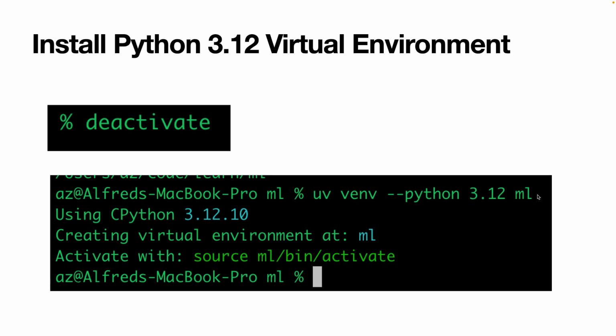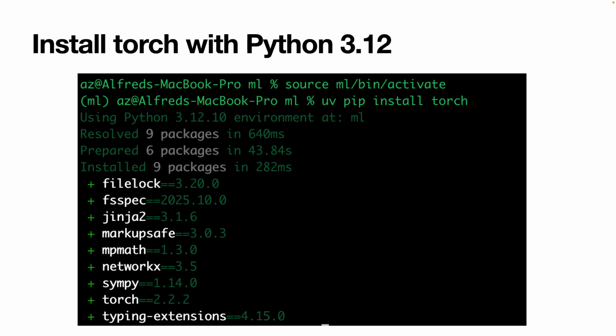If you don't give a name, it would just be .venv. After running this command, it will tell you that you can run source and the directory of your virtual environment's activate script. Then you can get into the new virtual environment that was just created.